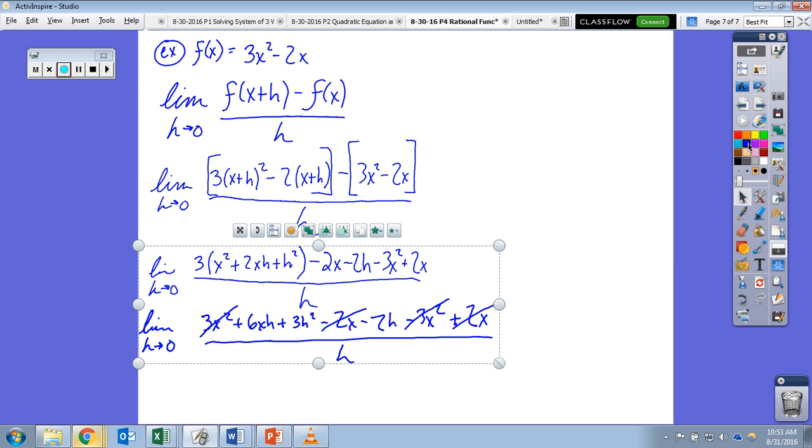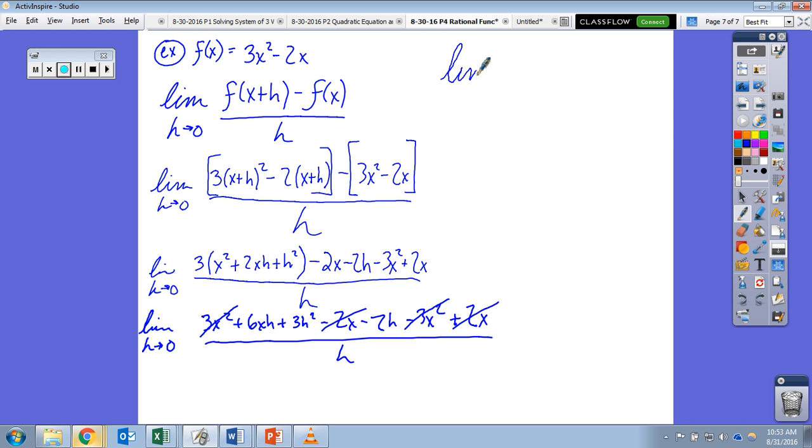Beautiful. All right, so now we have the limit as h approaches 0. Now this has gotten a lot simpler.